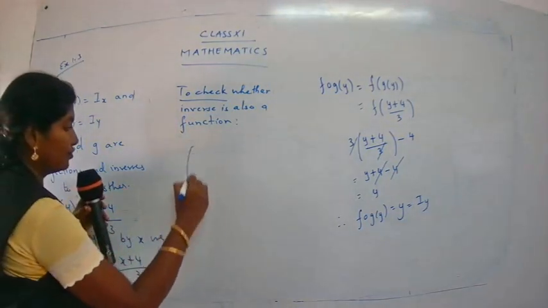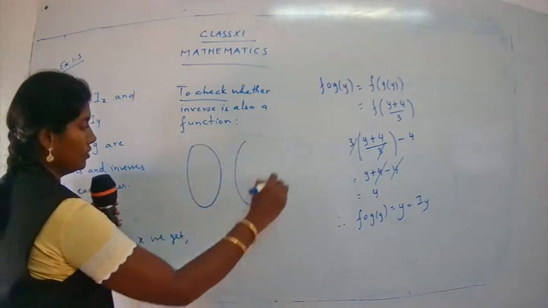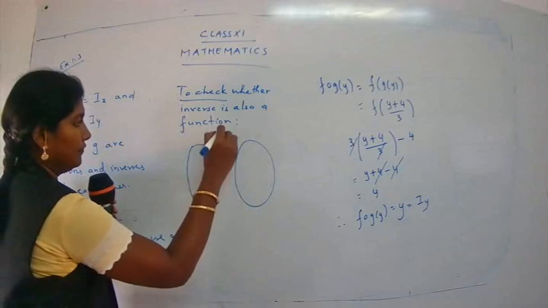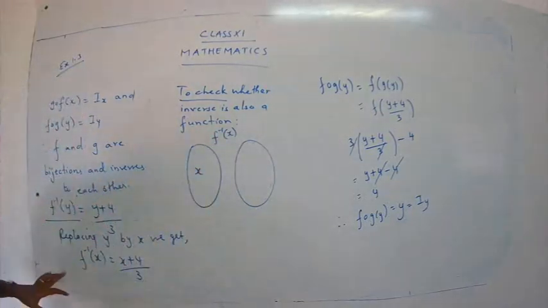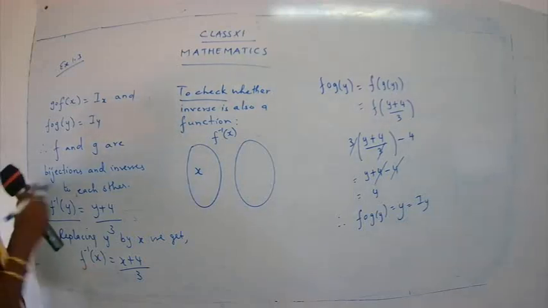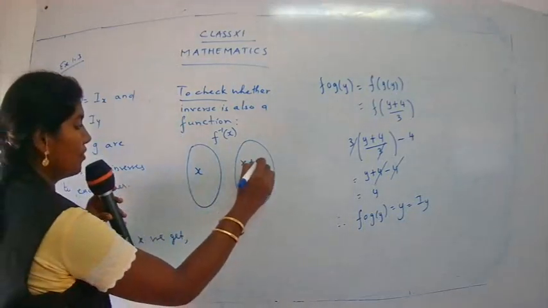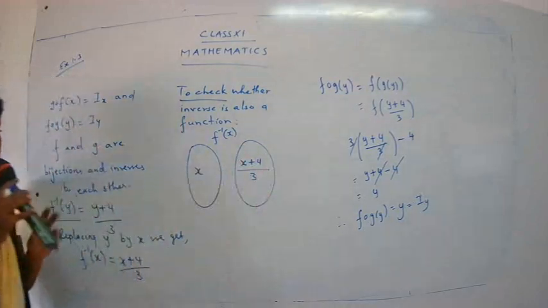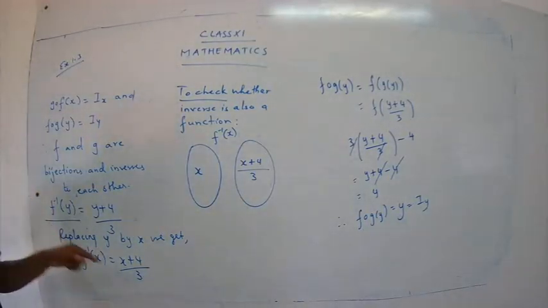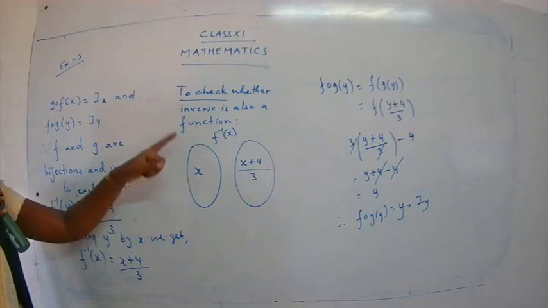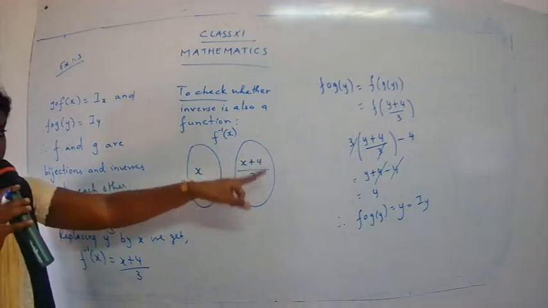I have told you to draw two functions, so f inverse x. Here I will write x. And what is the answer you have got for f inverse x? Yes, it's x plus 4 upon 3. So write f inverse x, x and x plus 4 upon 3. If I go on taking different values of x, I am going to get different values over here.